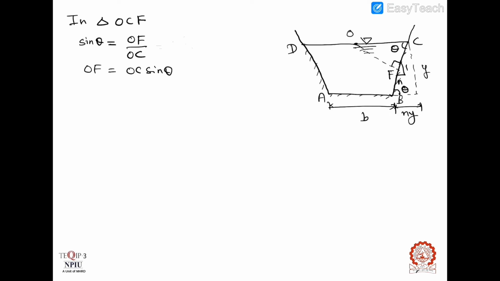Now take another right angular triangle, let's say this is E. In triangle BCE, this is also a right angular triangle.